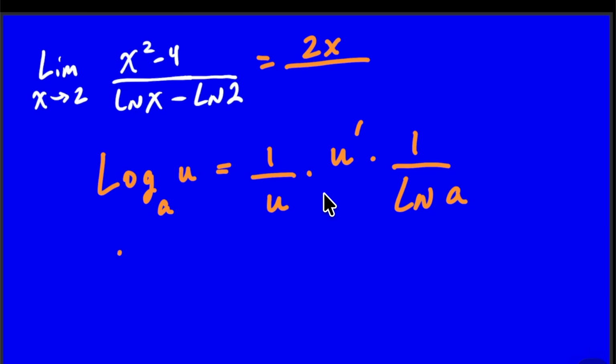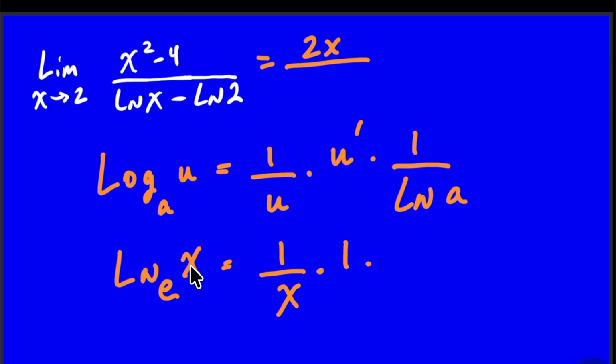So in this case, if we have natural log of x, of course that's to the base e. We're going to have 1 over the argument times the derivative with respect to x of the argument. The derivative of x is just 1, times 1 over the natural log of the base, which is e.